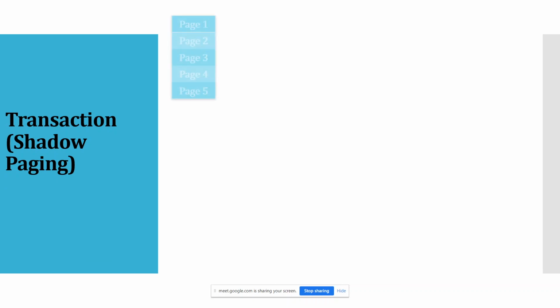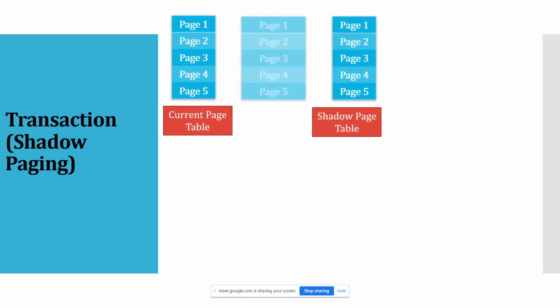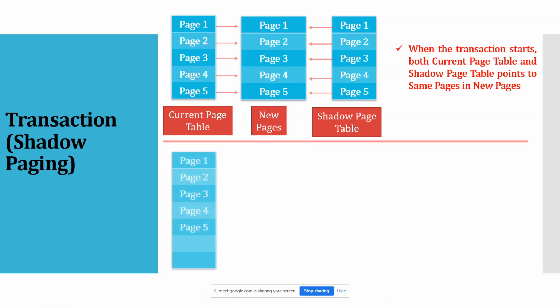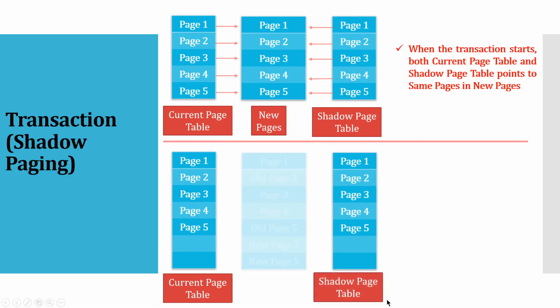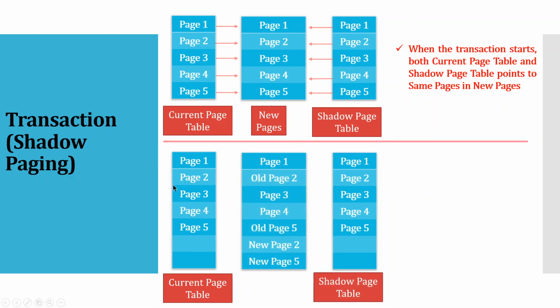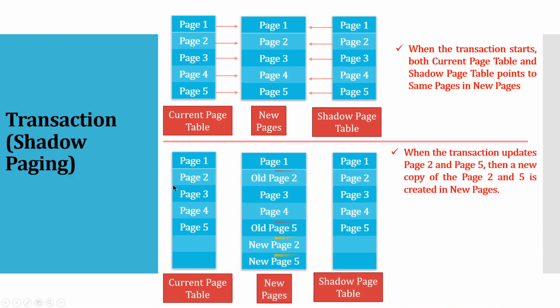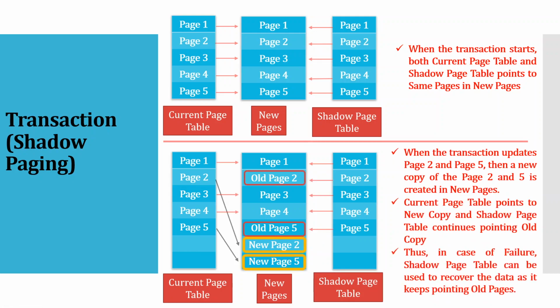Let's see the example directly. You can see a new page table is created from the current page table and shadow page table, and both of them are pointing to the same pages of the same database. This is the initial stage. Once there is a change in the transaction, the old pages will be referred to by the shadow page table and the new pages will be referred to by the current page table.